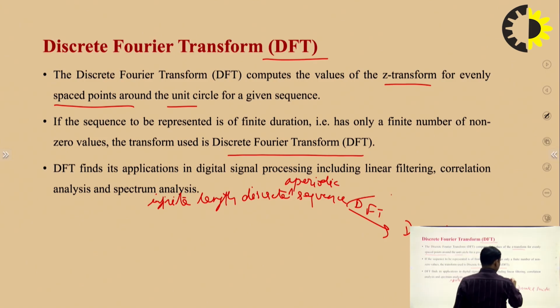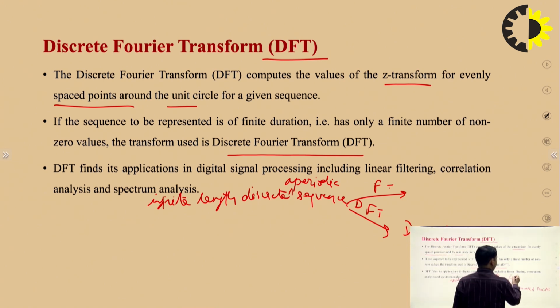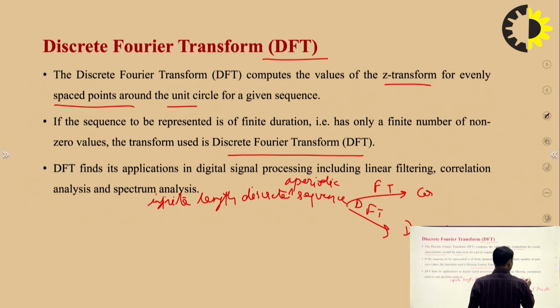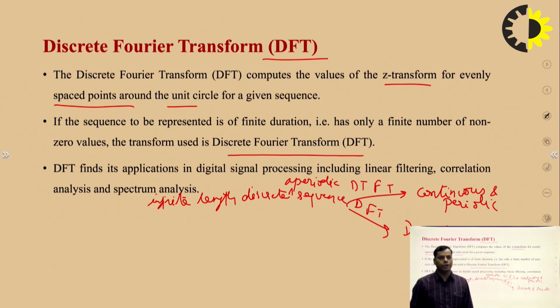If for the same input sequence the output Fourier transform is continuous and periodic, then this transform is named as a DTFT, discrete time Fourier transform.